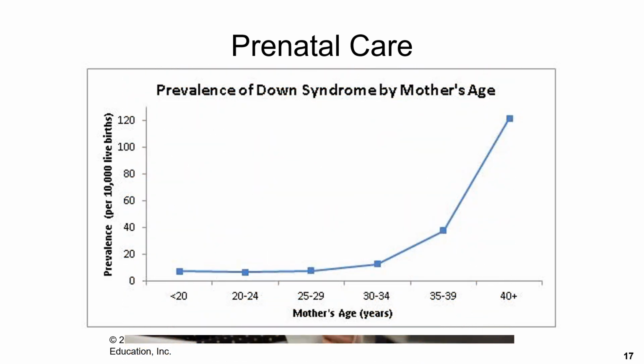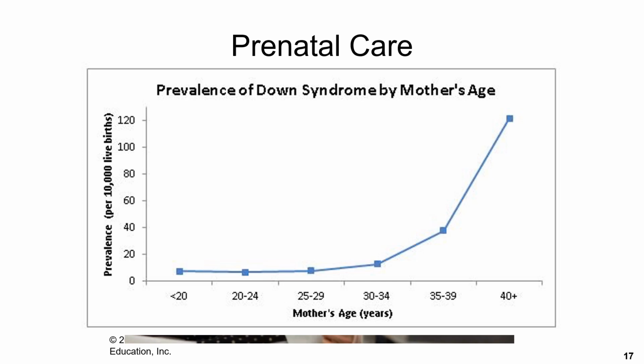In OBGYN, we have what we call a geriatric mother. Geriatric is a term we use for someone who's older, but in pregnancy, we consider someone over 40 as geriatric.